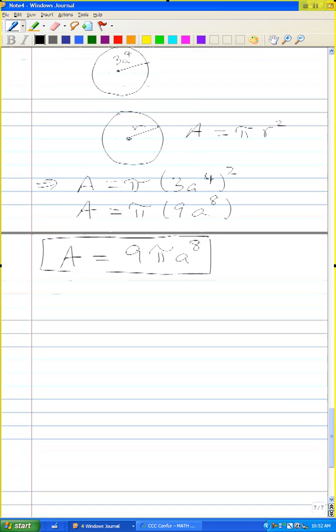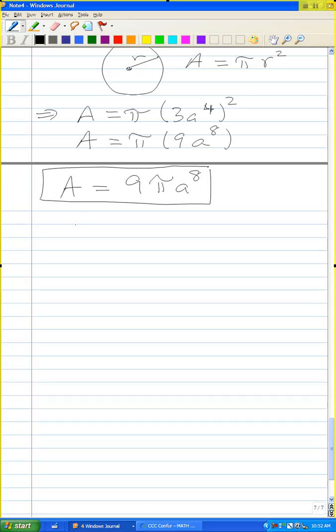Okay, so let's do a group work then. This would be section, wait one second. The name is section 7.7, and the password is, what the heck is the password?